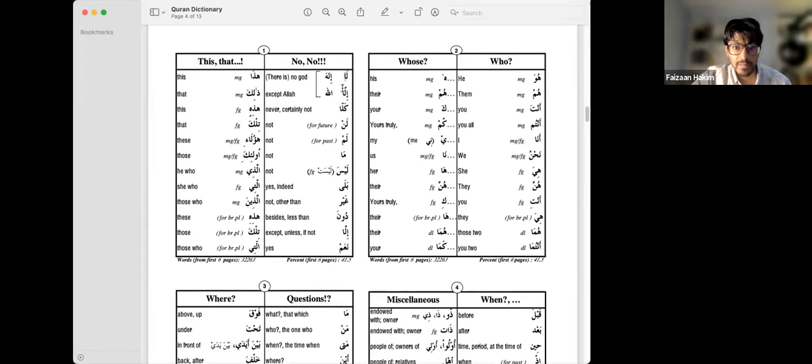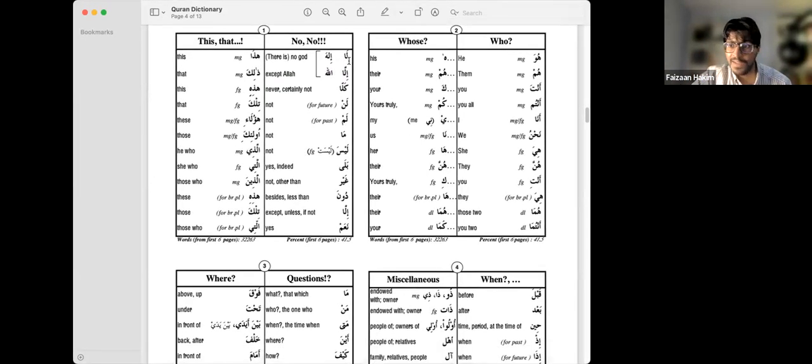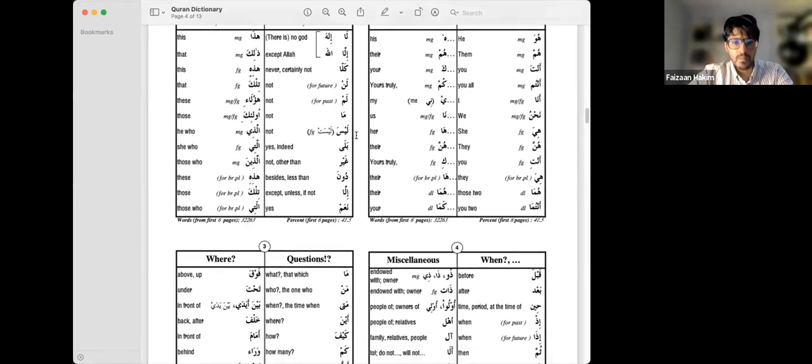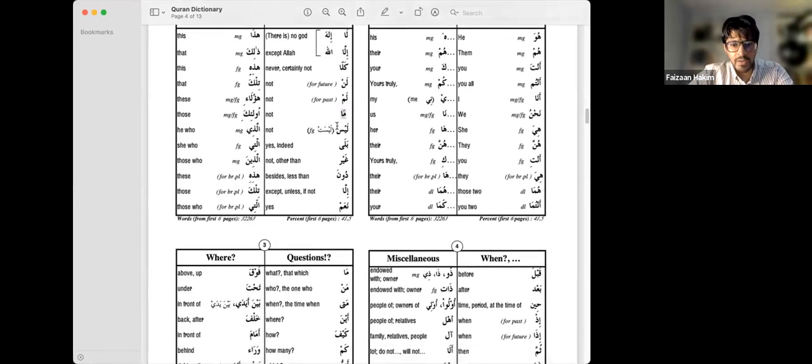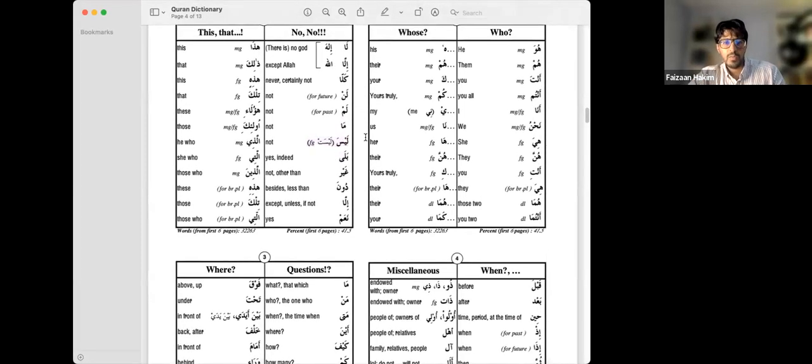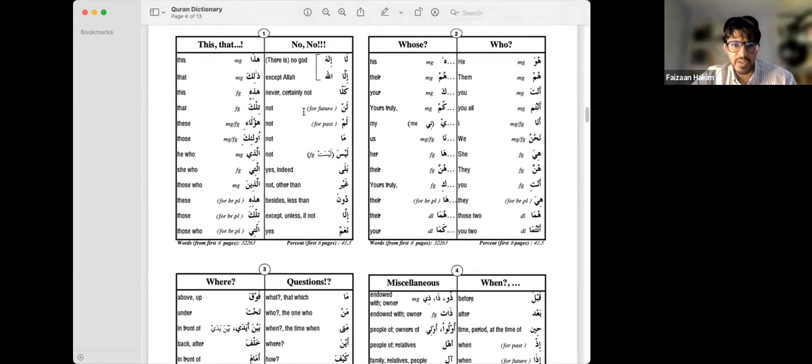So la, illa, and even illa is basically derived from la. Another very important one is ma. Ma means what and also not. And usually the context will help us distinguish which one is which. That will essentially suffice for now. The others will come as we need them.